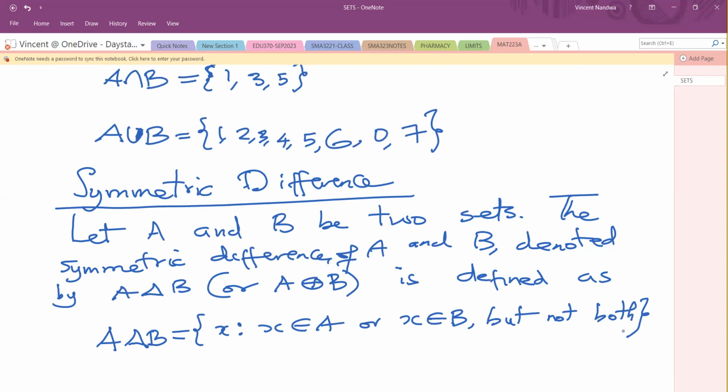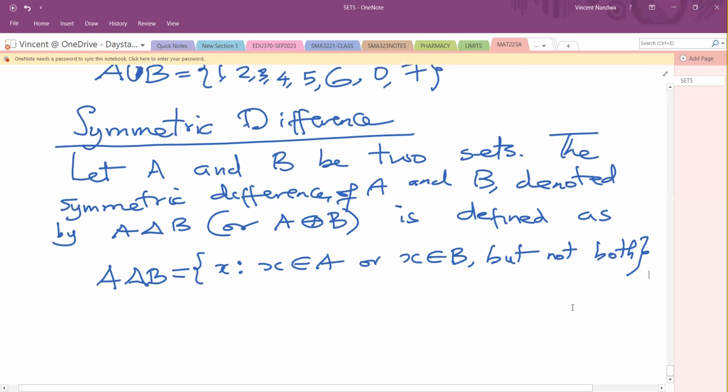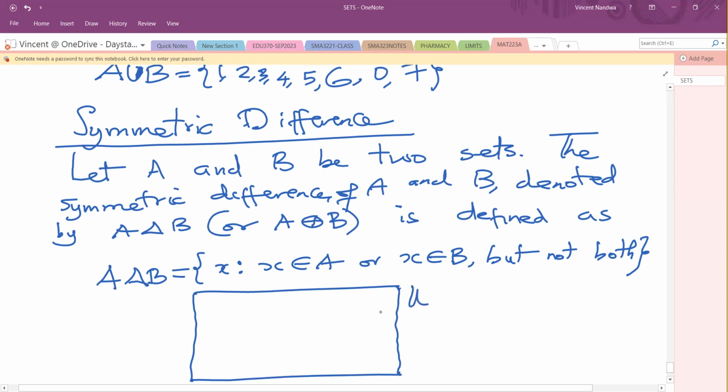So we mean that you are exclusively counted to be in A or in B, but you don't include the part which can be counted to be both in A and B at the same time. So if you are to put this in a Venn diagram, this is the universal set.